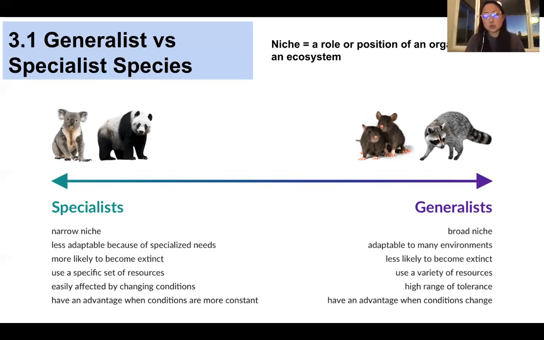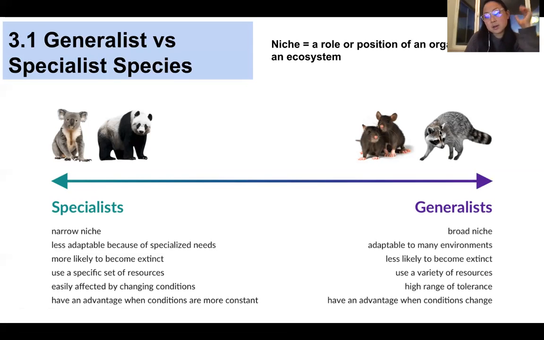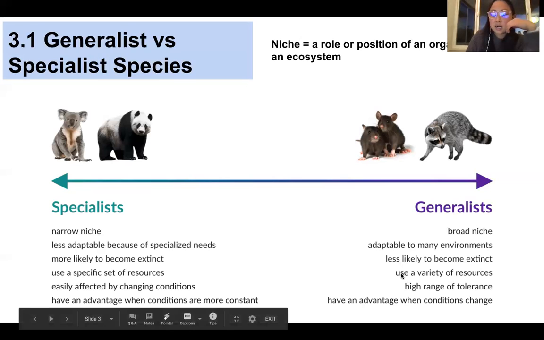They can kind of make do, like mice and raccoons. You find raccoons literally everywhere. They're less likely to become extinct. The idea of a squirrel becoming extinct is very laughable to me, and that's because they're generalists. They can use a variety of resources. They have a high tolerance of different environments, and so they're the most adaptable.